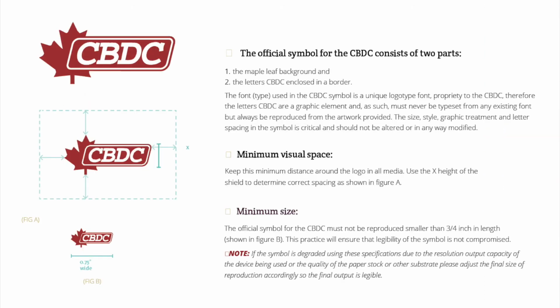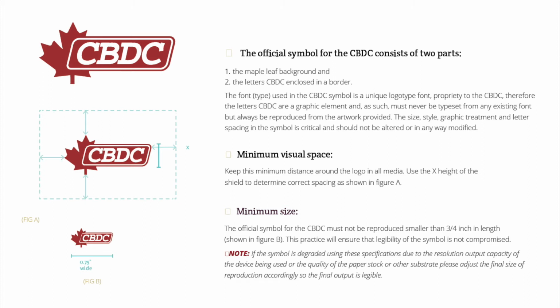So here we have CBDC's logo. Every single style guide will have the logo somewhere within it. It will also have a minimum logo size, saying that you cannot shrink the logo past a certain size, or else certain components of the logo will become illegible.